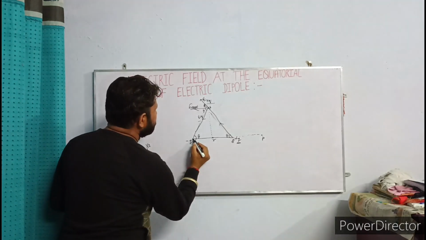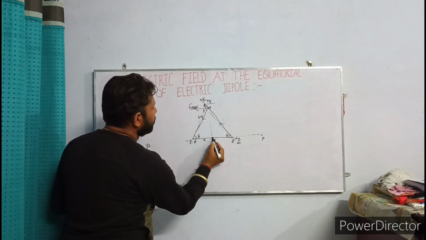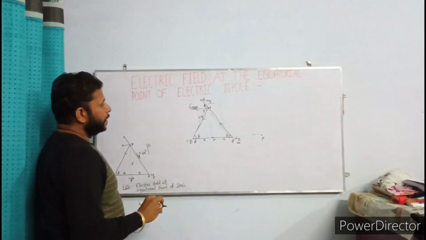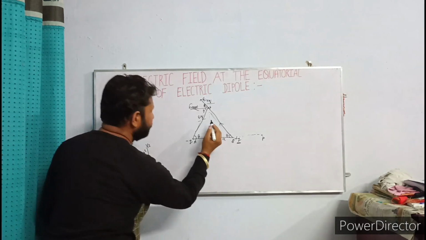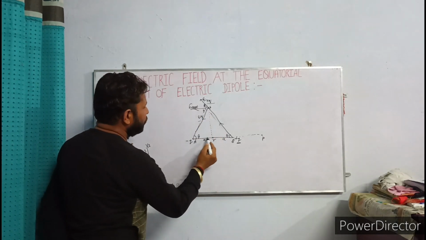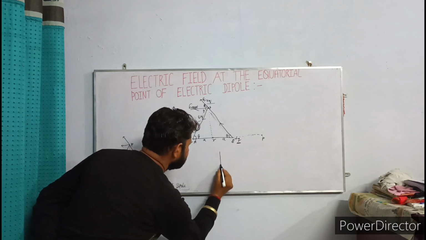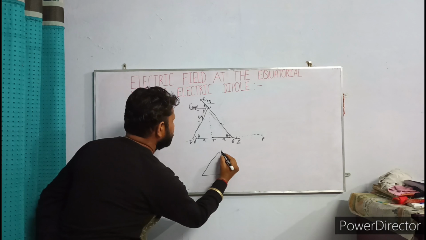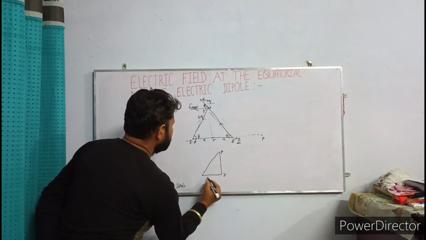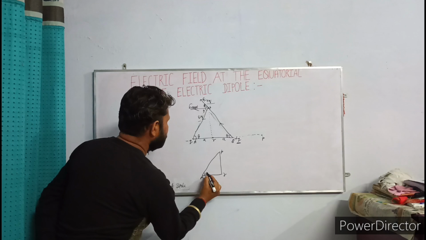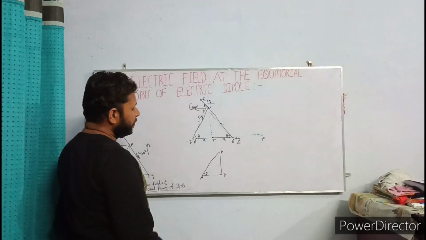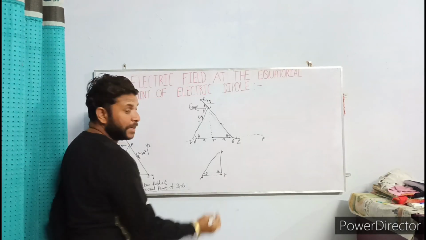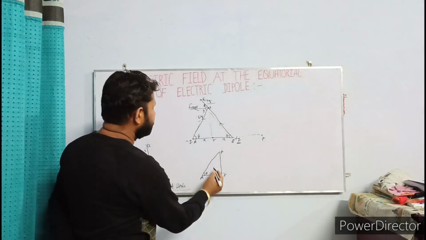Students, from here and here it is A, and here it is also A. Okay, students. And also we can see that if we draw only this part, it is P, it is R, it is A. And if this is angle theta, then what will be the value of PA? It is a right angle triangle, so here we can see that it is the hypotenuse.